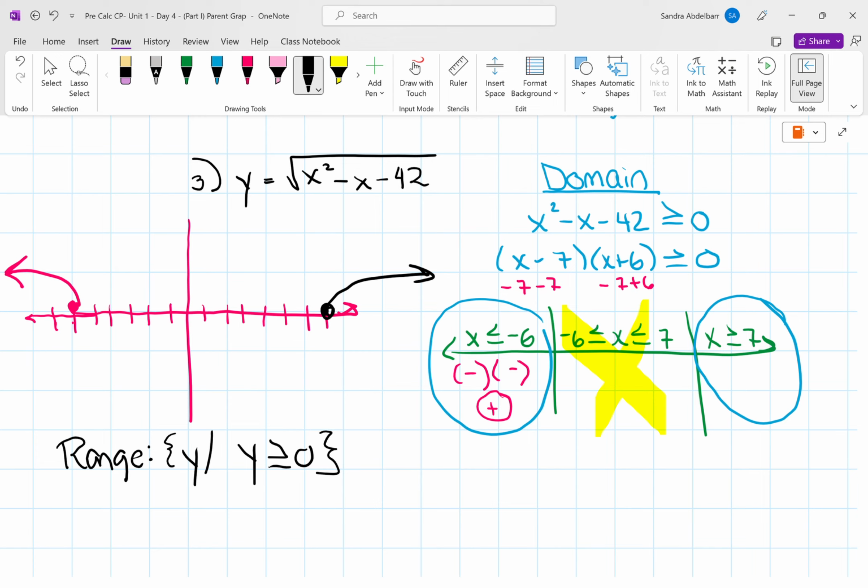Yeah, y is greater than or equal to 0. Why? Because it doesn't go lower than 0 and then it goes up for infinity.